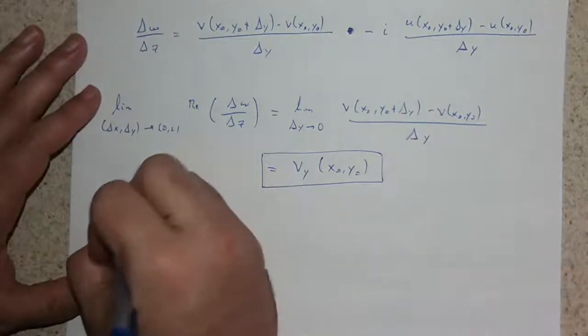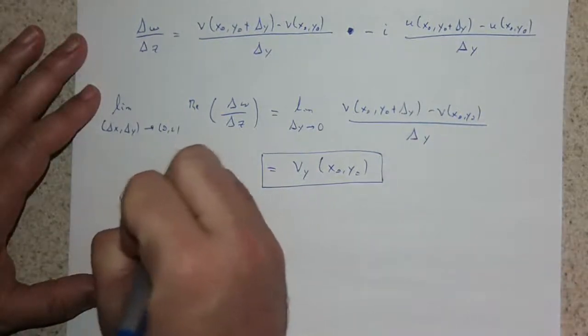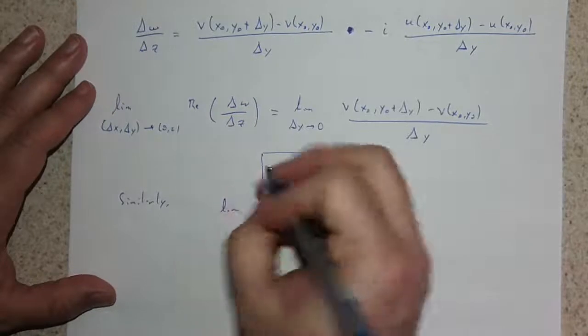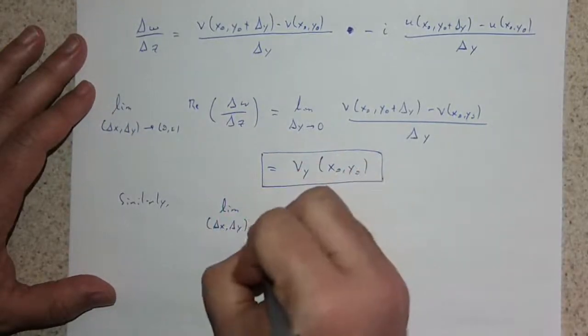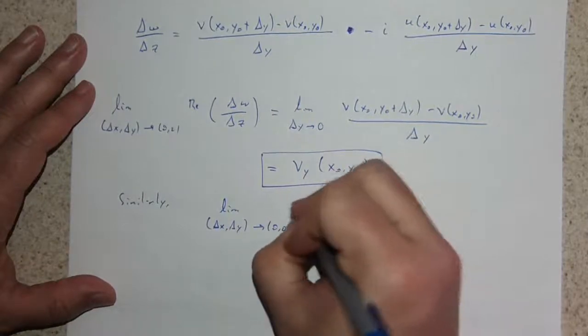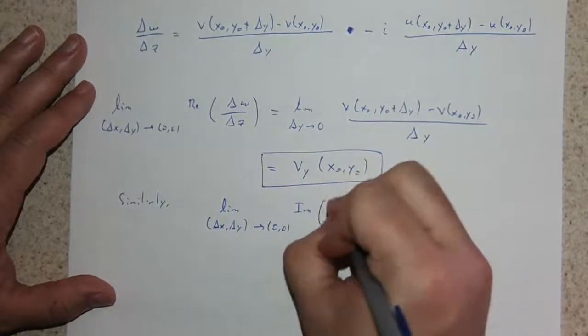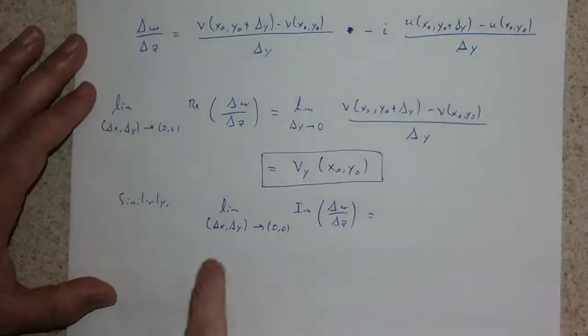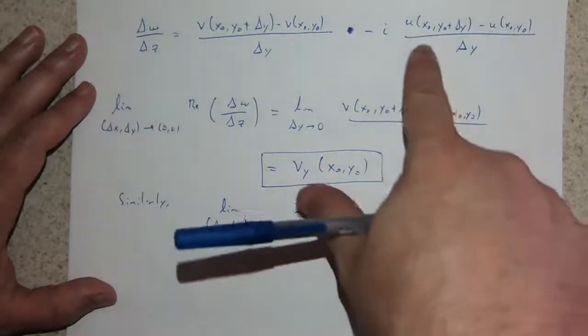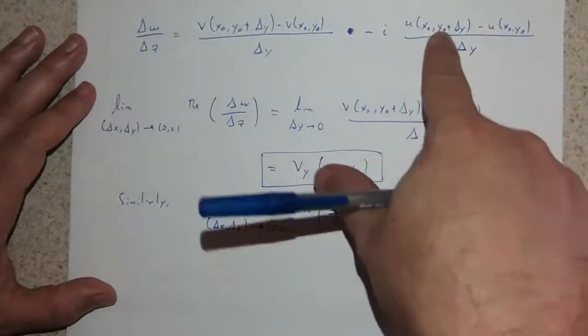Similarly, the limit of delta x, delta y approaching 0, 0 of the imaginary part of this difference quotient delta w over delta z is actually, so this is going to be the limit of this thing as delta y approaches 0.